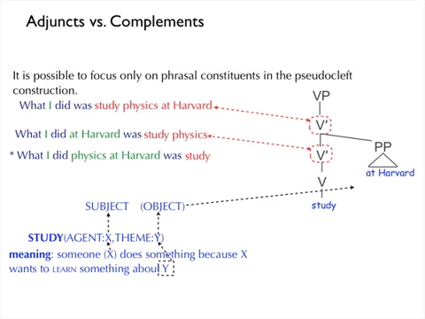But if I take the object out, it doesn't have to be there. It's part of the nature of verbs that often you get two versions of a verb, one where there is an object and one where the object isn't there. There's actually a kind of shift in the meaning of some kind, but it's not a big one. What I did at Harvard was study. All of a sudden, that's fine, right? Because, well, the object isn't even there. It's not part of the verb phrase. My rule says focus on it.